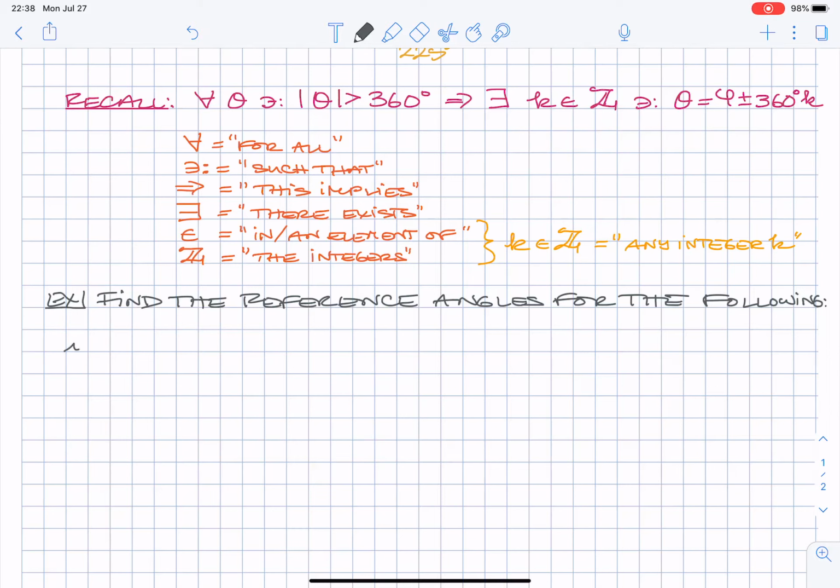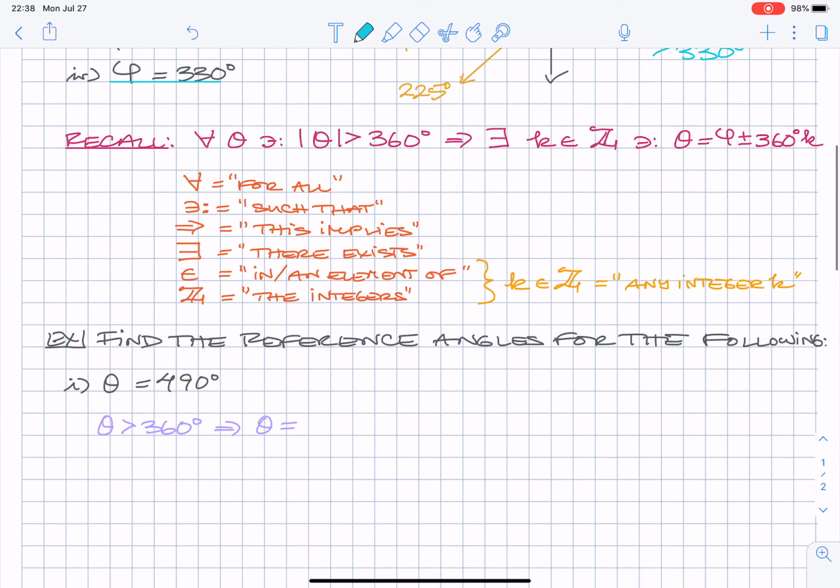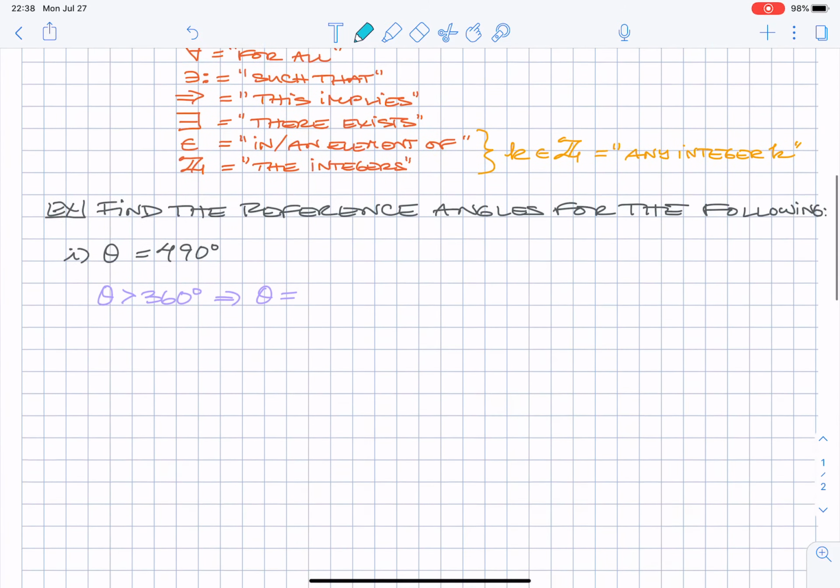So number one, let's have theta be 490 degrees. Okay, so I see that theta is greater than 360 degrees. Well, that means I can write theta as some angle phi plus 360 at least once.